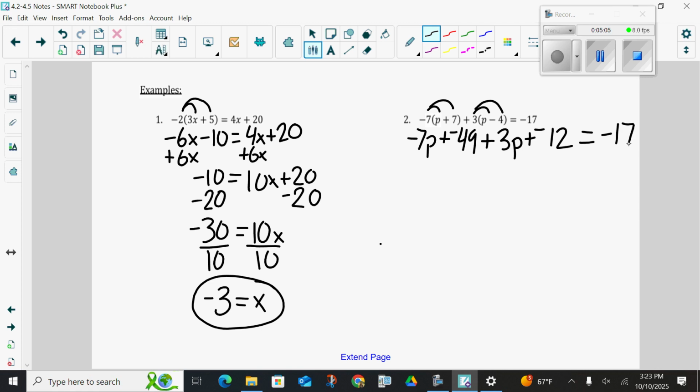Now I'm going to combine like terms. I'm going to combine negative 7p and 3p, that becomes negative 4p. And then I'm going to combine negative 49 and negative 12, that becomes negative 61.